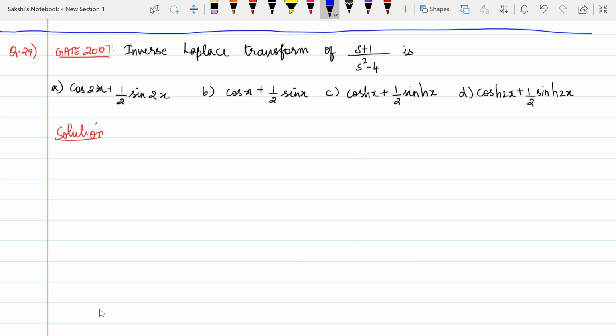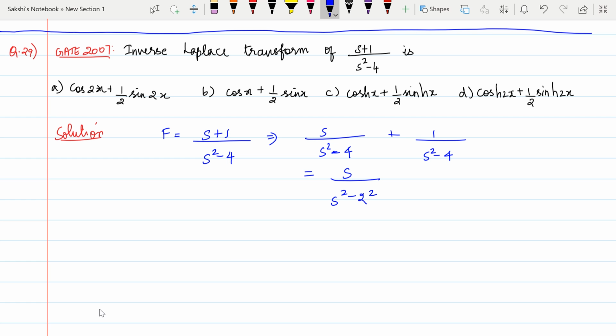So this is very easy. The function is nothing but (s plus 1) divided by (s square minus 4). So I'm going to separate this numerator. Now if you see, this is of the form s divided by s square minus a square.